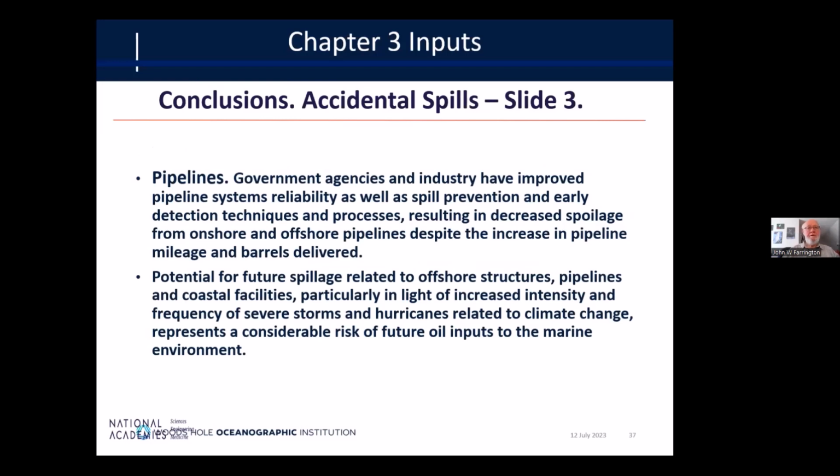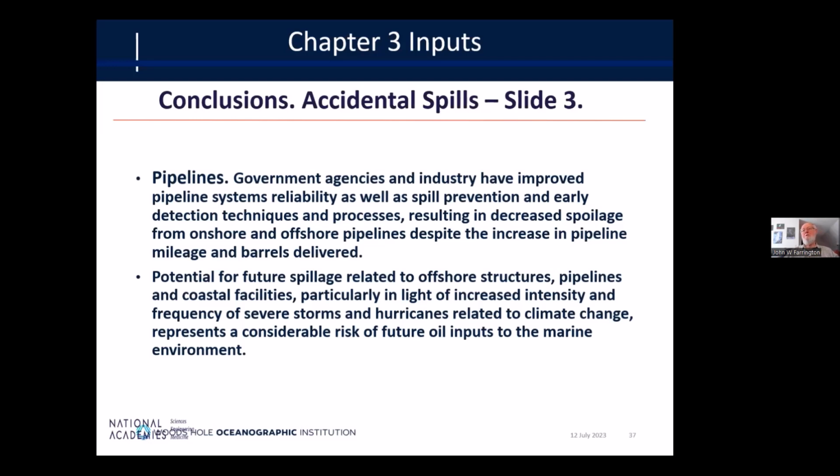For pipelines, government agencies and industries have improved pipeline systems as well as spill prevention. There are a lot of early detection techniques, and there's been a decrease in spillage, not spoilage, sorry about that typo, from onshore and offshore pipelines, despite the increase in pipeline mileage and barrels delivered. The potential for future spillage related to offshore structures, pipelines, and coastal facilities, particularly in light of increased intensity and frequency of severe storms and hurricanes related to climate change, represent a considerable risk of future oil inputs to the marine environment.